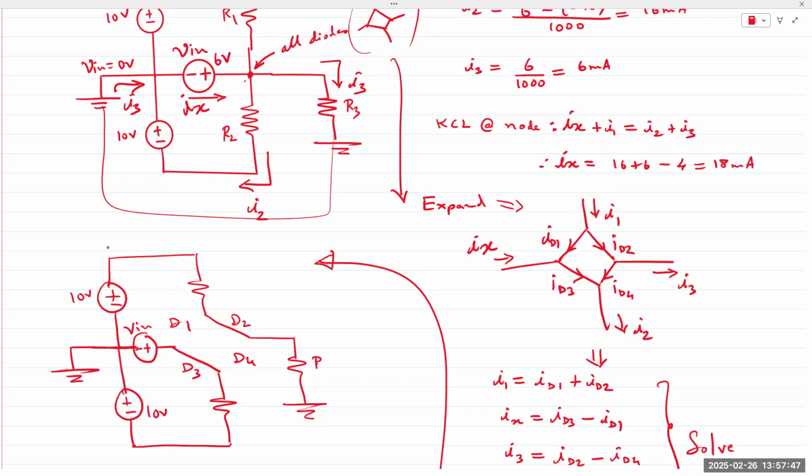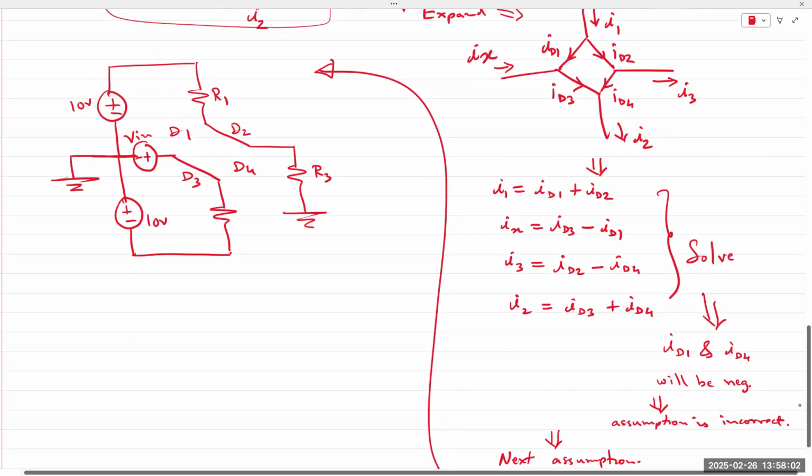And what this has done is that it has created two separate loops. When you apply KVL and solve these loops, you'll obtain positive voltage. And now you have to solve for VD1. Actually, you can solve for all diode currents and all diode voltages.